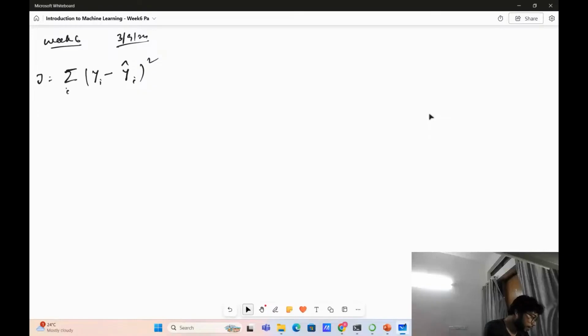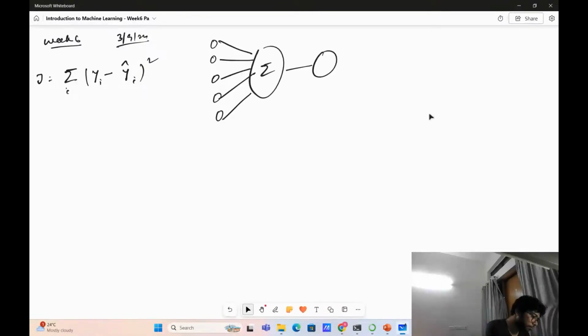Let me mention some terminologies first. Let me draw the perceptron model again. You have all these inputs going into this big part where they get summed up, and then the sum is passed on to the sigmoid function. I will call this the activation function.